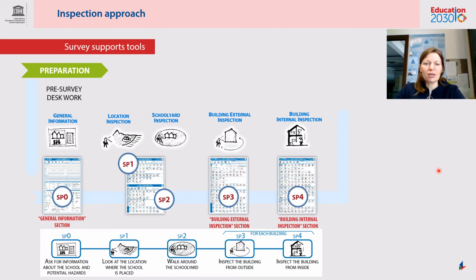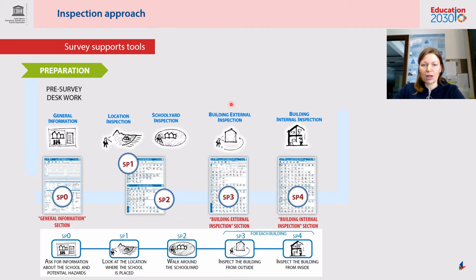Then there is the second survey phase, concerning the location inspection, where the surveyor should look at the location where the school is placed. Then the survey phase 2 is the schoolyard inspection, where the surveyor should walk around the schoolyard and acquire information concerning the schoolyard.